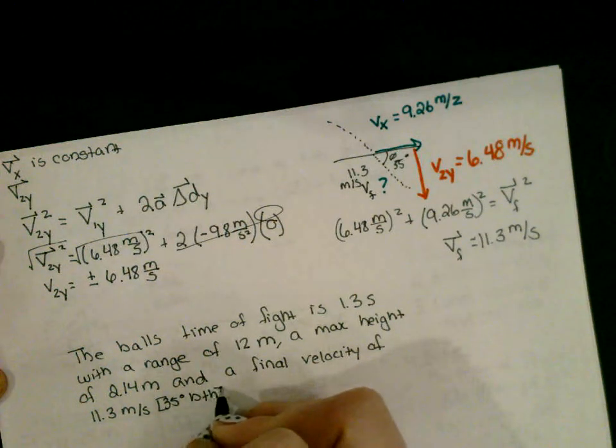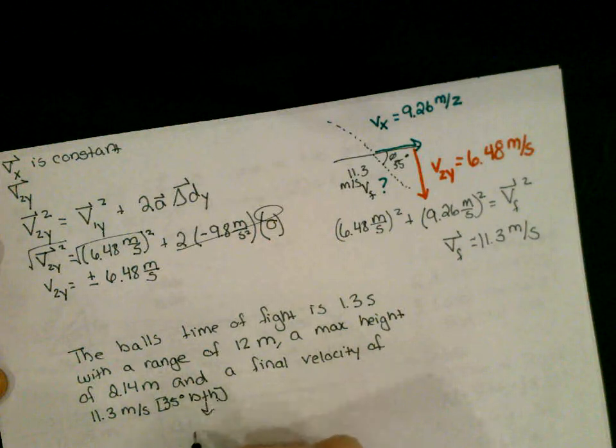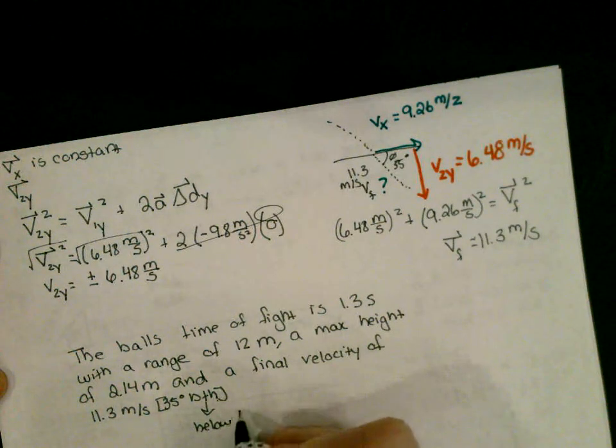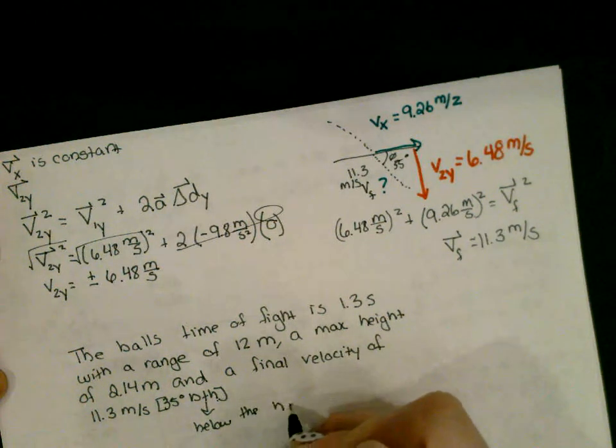I'm going to put BTH. That just means below the horizontal.